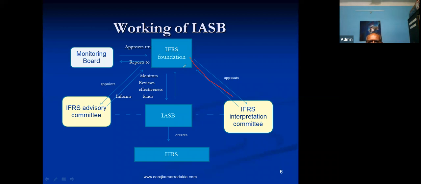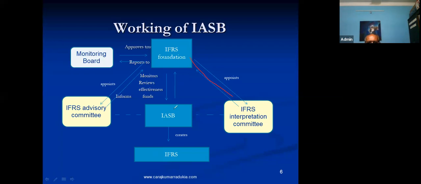The IFRS Committee is appointed by the foundation. Then there is mutual discussion among the committee, the foundation, the advisory committee and the board. So these four groups always have mutual discussion amongst them.